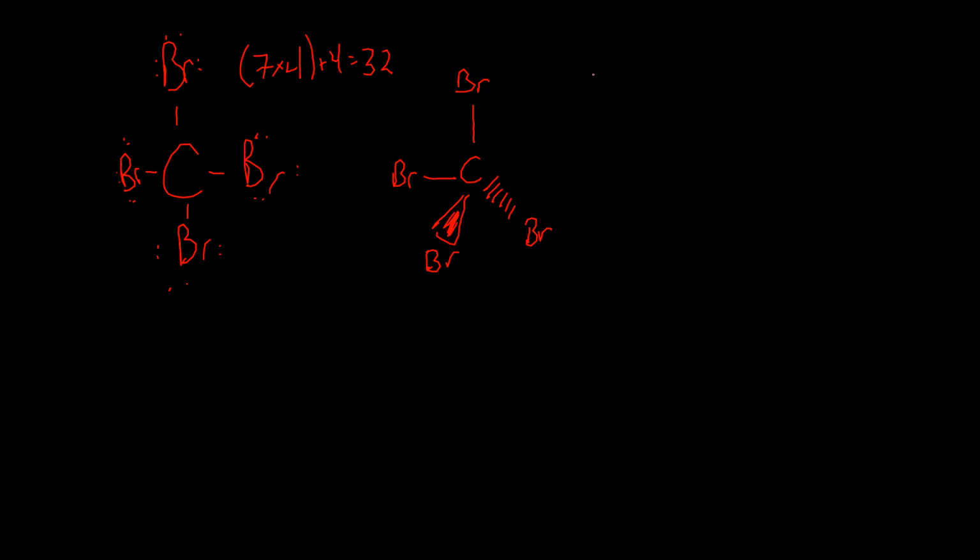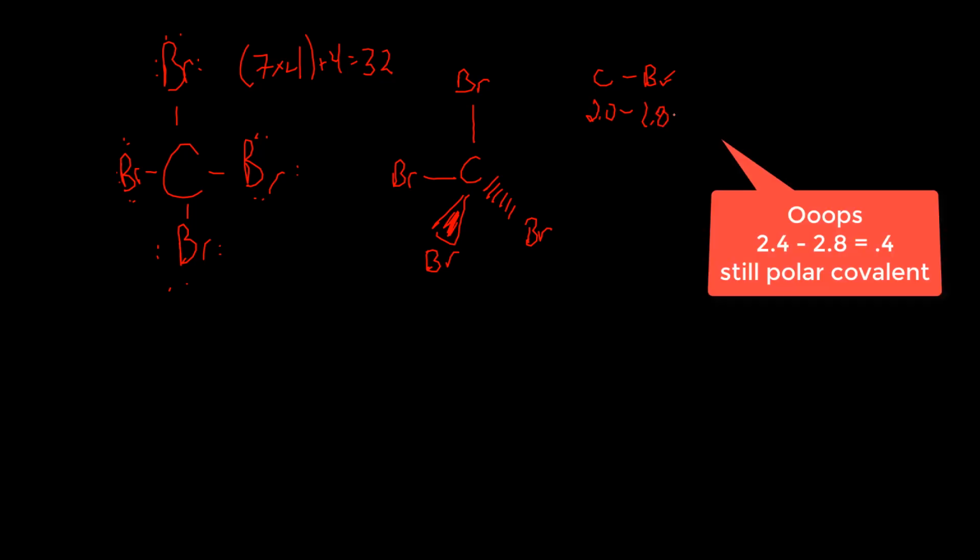All right, first thing I should do is I should check carbon to bromine. I should check the bond polarity here. Carbon minus bromine is 2.0 minus 2.8. And we get 0.8. That means that this is polar covalent.